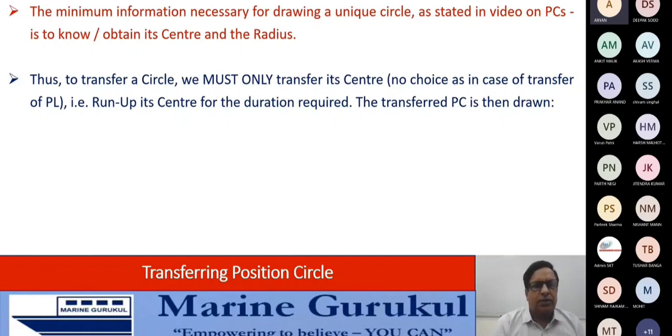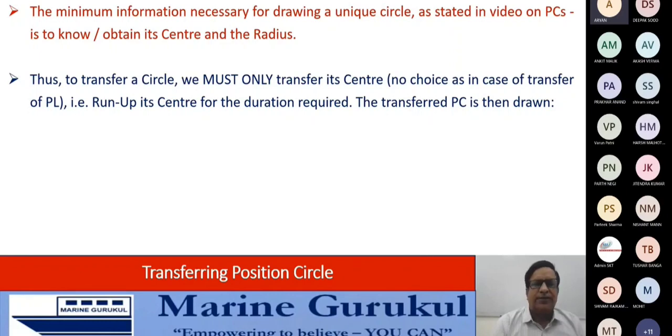Unlike the transfer of position lines, where we could have taken any point of our choice on the PL and run it up, in case of position circle, we do not have a choice. I repeat, we have to transfer its center and only center. That is, run up its center for the duration required.